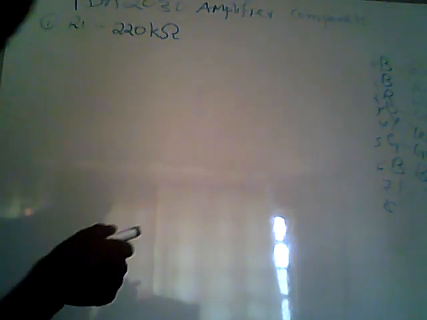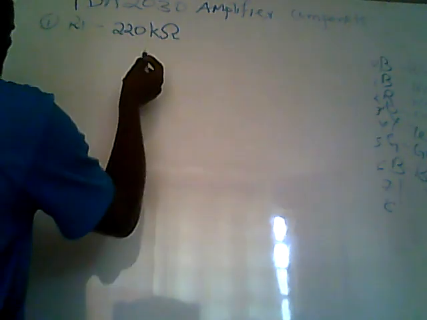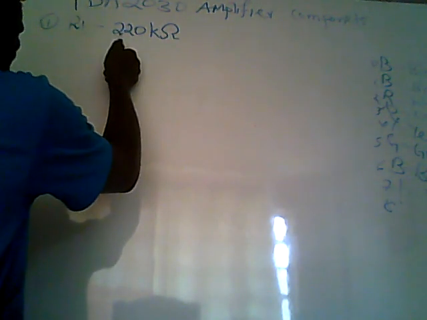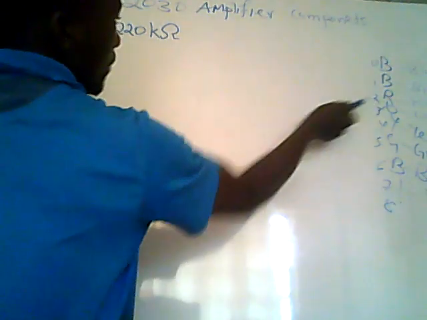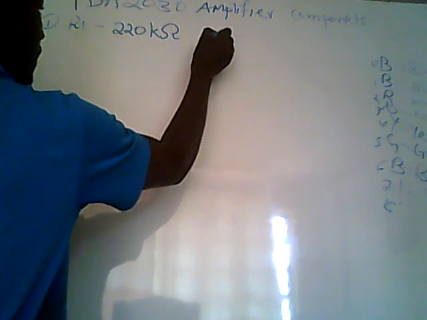So if you are looking for 220 kilo ohm, it means it will be having what? 2, red, red, and what? 4. Remember there are 4 zeros. 220k.